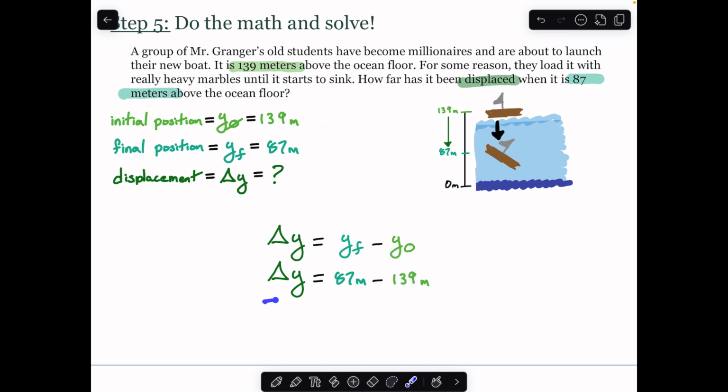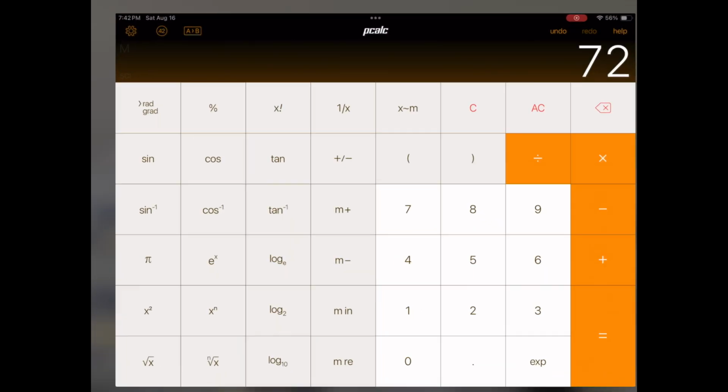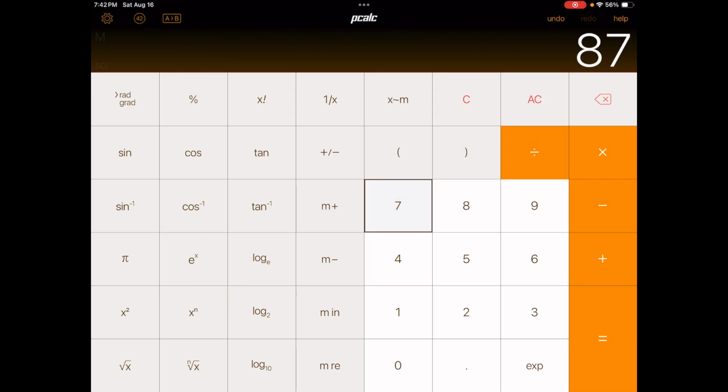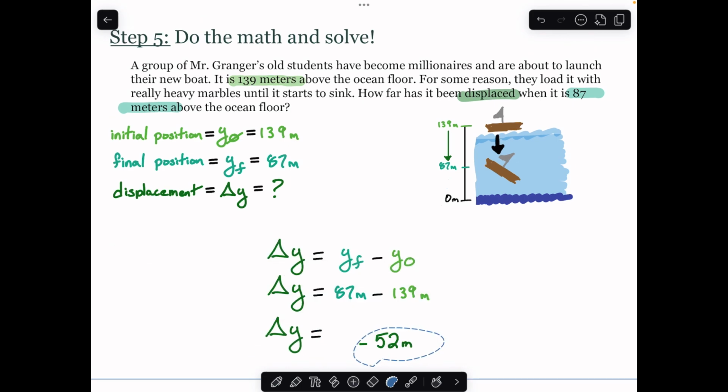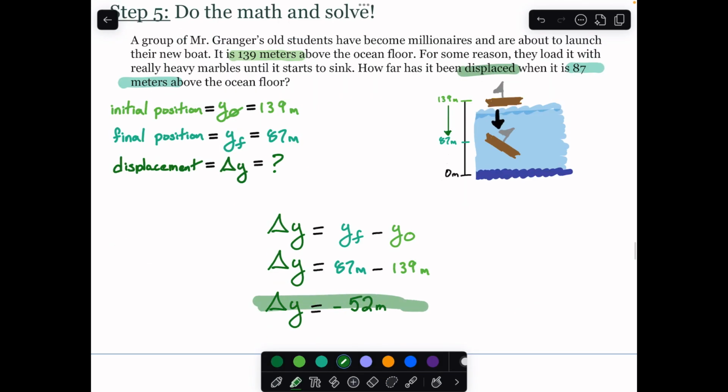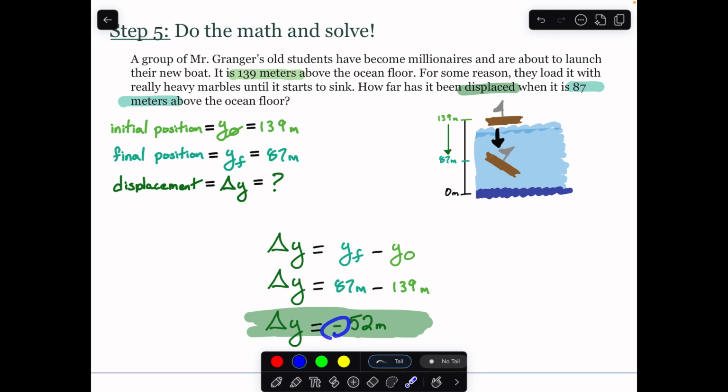What is it that the formula is telling me to do? It is telling me to subtract. Let's open up our calculator. 87 minus 139, and that will get us negative 52. Why the negative?